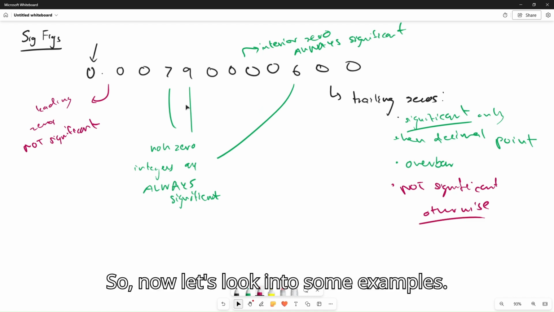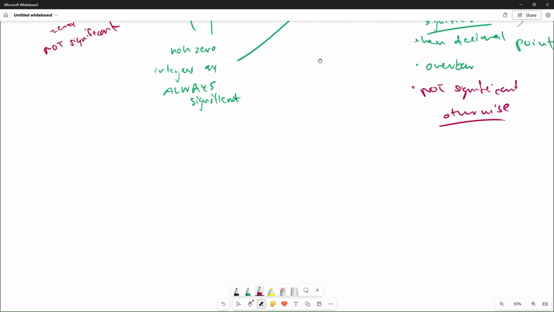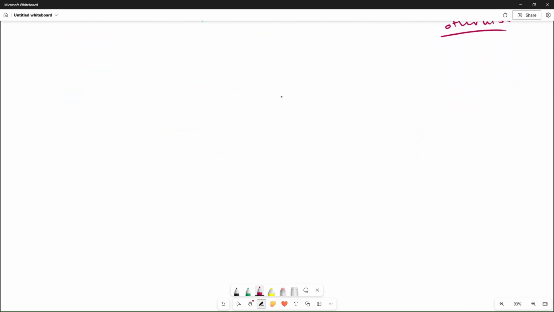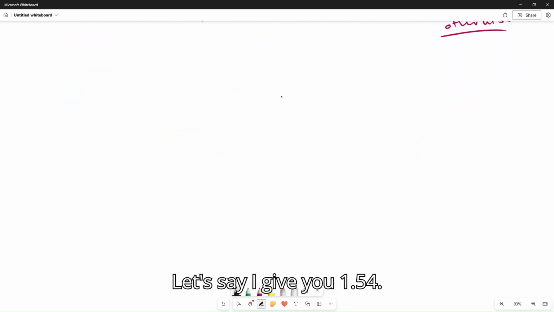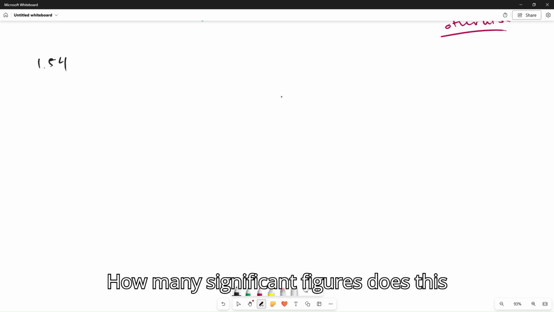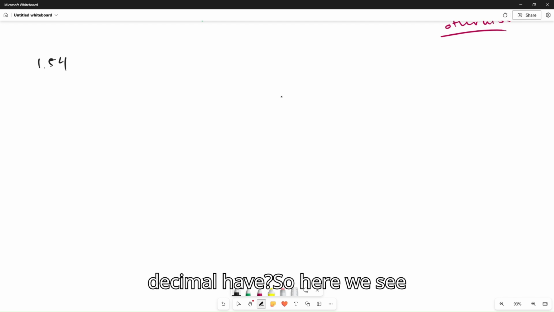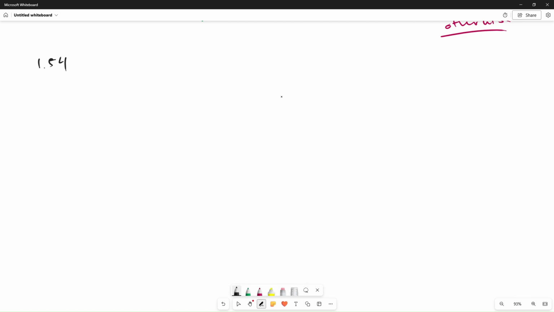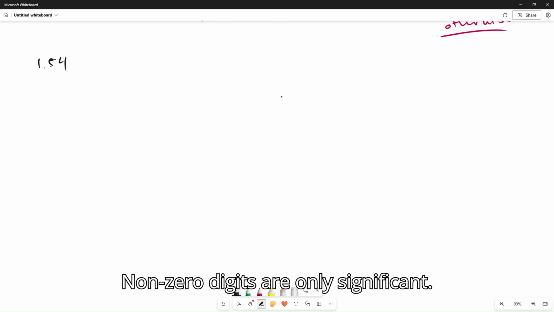So now let's look into some examples. Let's say I give you 1.54. How many significant figures does this decimal have? Here we see that there are no zeros, and these 3 integers are non-zero. Non-zero digits are always significant.